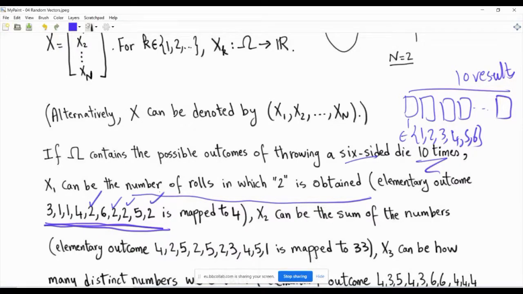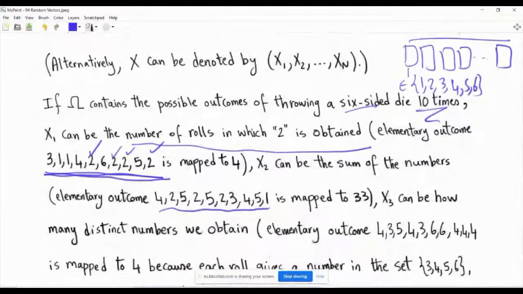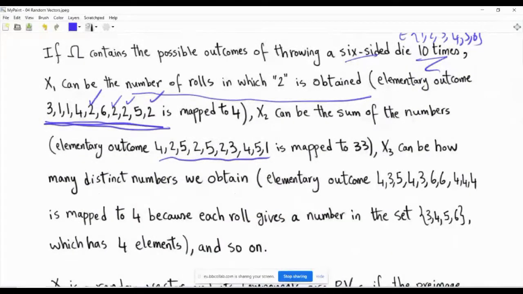Why are you obsessed with the number 2? Why do you count it? Again, maybe this is what you are doing in some experiment. But you may be obsessed with something else. You may be obsessed by the sum of those 10 numbers, or by how many distinct numbers you get.